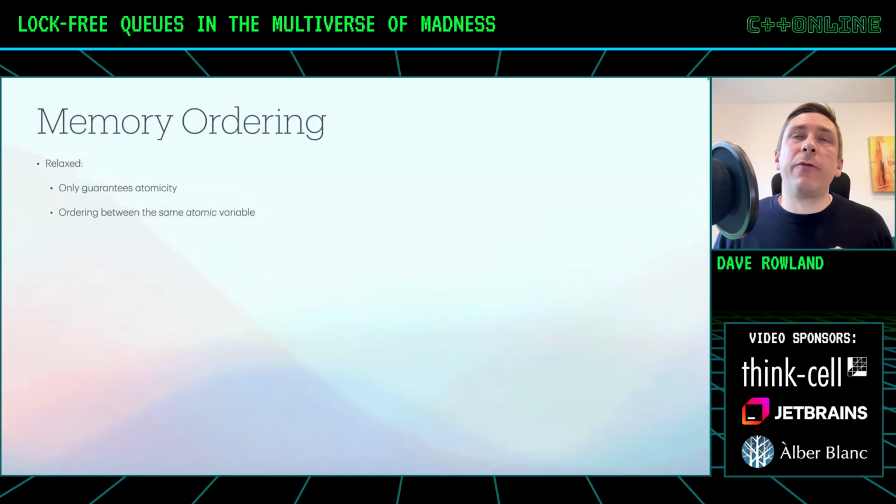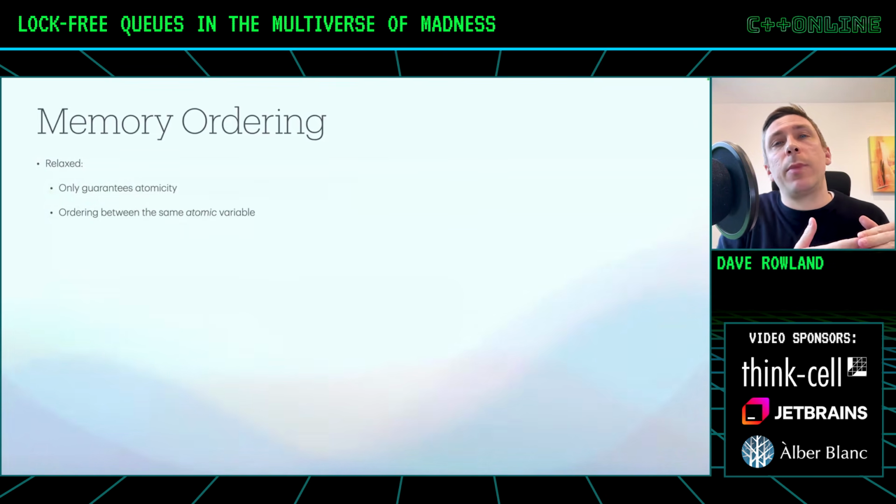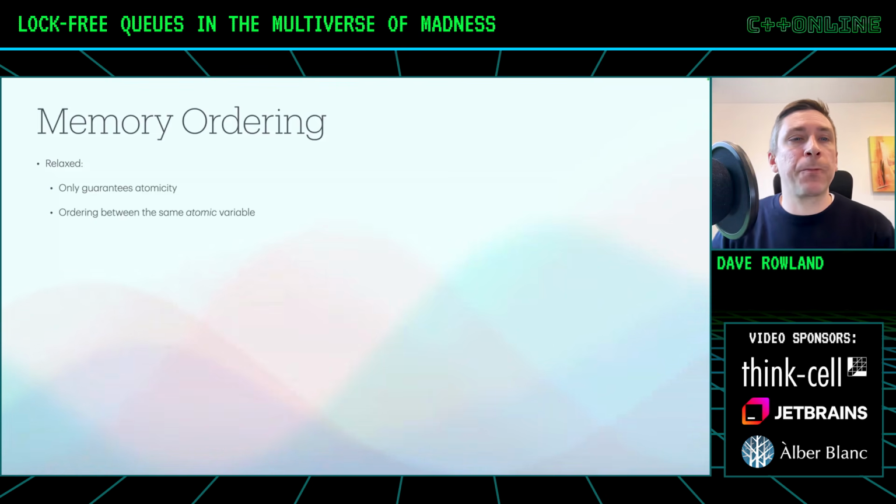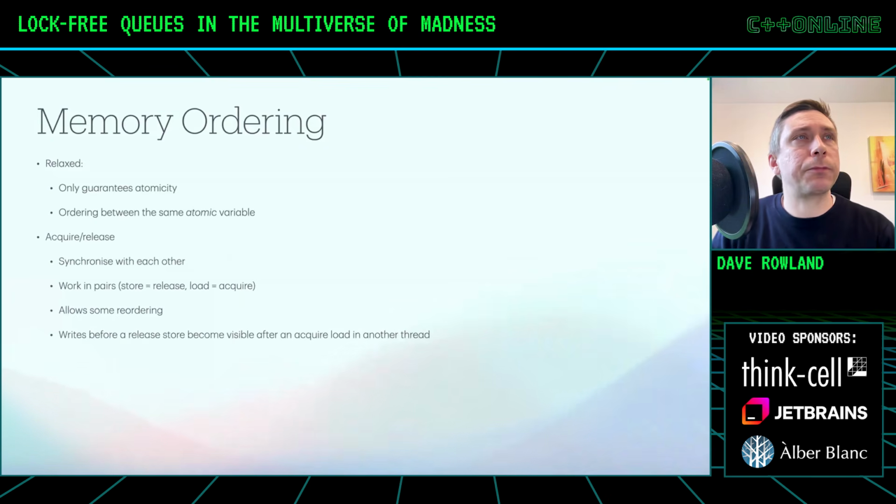So if you have an integer atomic that starts at 0 and one thread increments it by 1 and then increments it by 2 to 3, another thread can never read the value as 2. It will always see the increment by 1 and then by 2 in that order. And these are typically used when you don't really care about the timing of things. You're just sharing something between threads. Perhaps it's an exit flag for a thread.